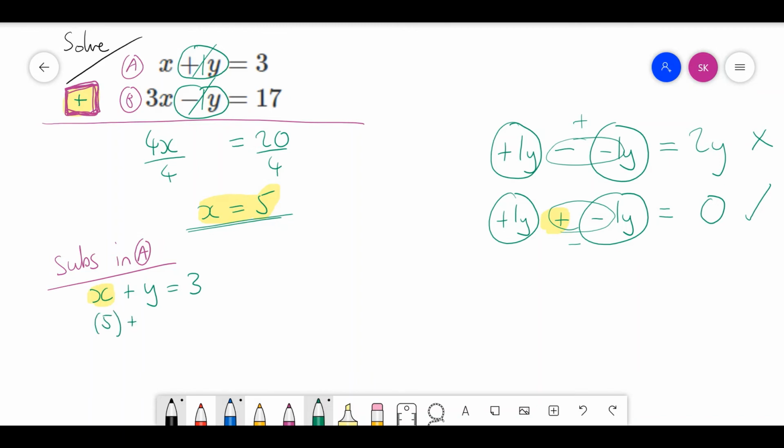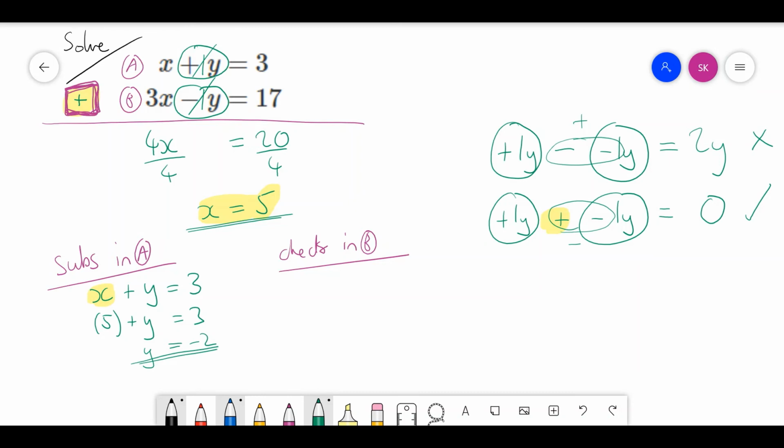So 5 plus y equals 3, and therefore y equals, take away 5 from both sides, negative 2. But if I subs in A, I checks in B. Subs in A, checks in B. Subs in B, checks in A.